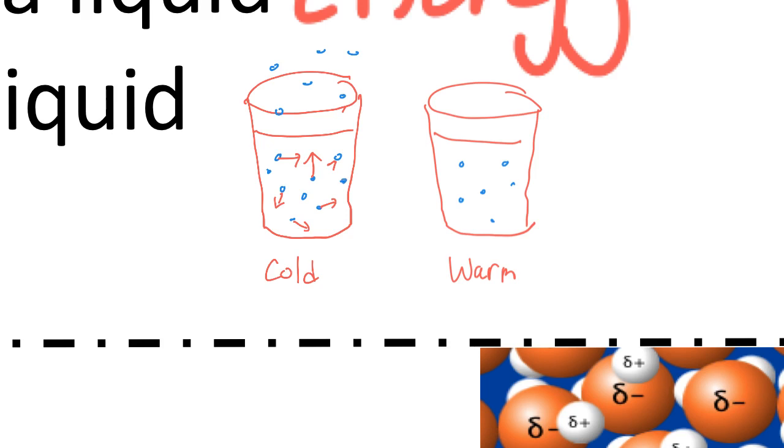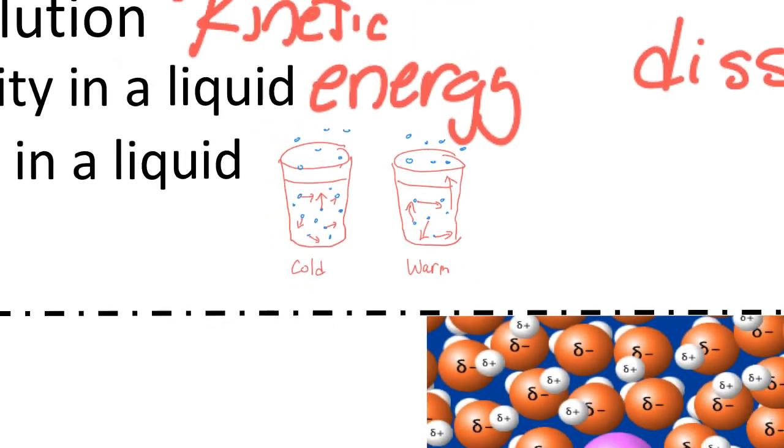In a warm solution, these particles are moving much faster. If they're moving much faster, they're going to bump into each other, and they're also going to reach the surface quicker. So more of these particles are going to leave. So when you're comparing cold versus warm, you're going to have a greater number of gas particles able to be present in cold versus something that's warm.